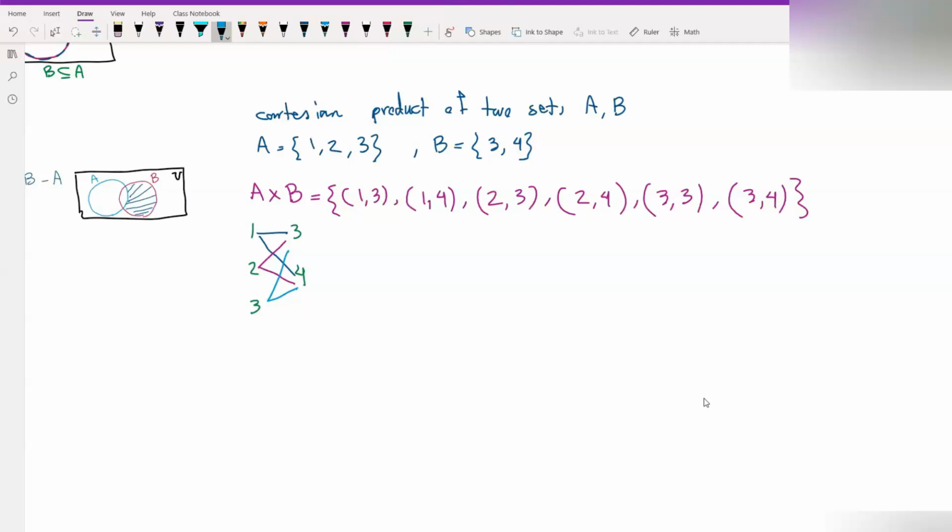Now I'm going to find B multiplied by A and see what is the difference. So first we have B. Elements are 3 and 4. And for A, we have 1, 2, 3.